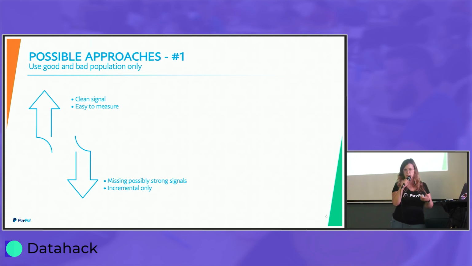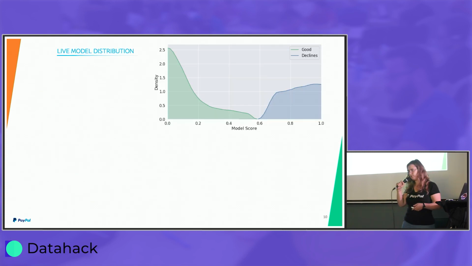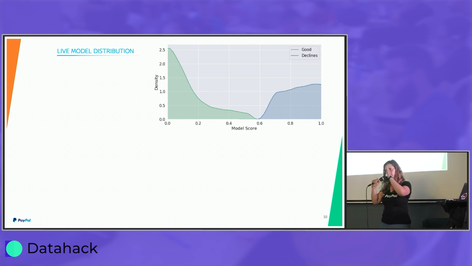To better understand how this works, we can look again at the model distribution from before, but now after we took that decision. We have this policy where we want to decline transactions that got a score of 0.6 and above. Of course, I'm simplifying it for our talk today.